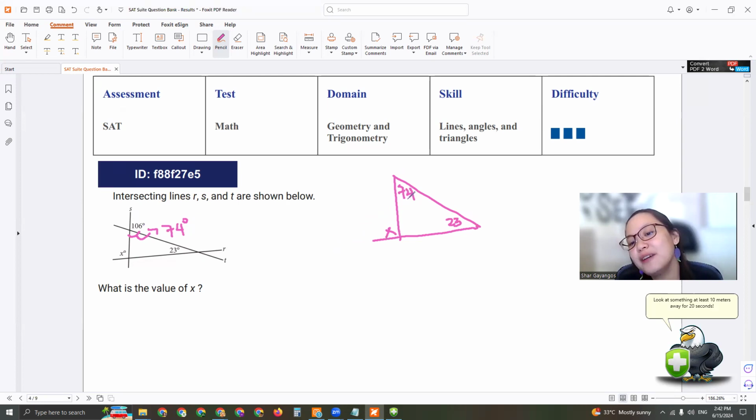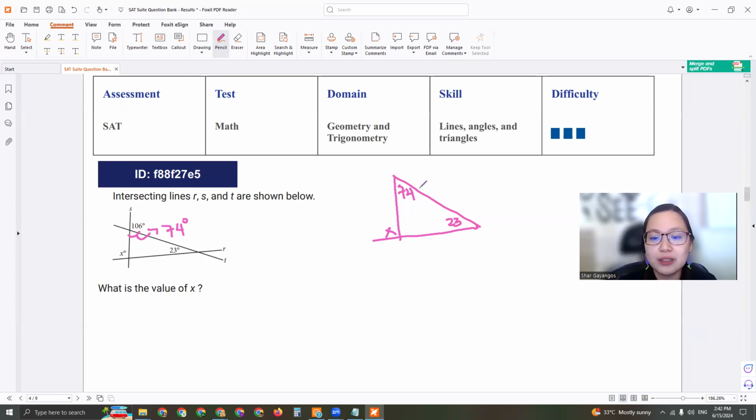So we have two adjacent angles. This tells us that the exterior angle relative to the non-adjacent angle would equal to the sum of these two angles, right? That's what we've learned before. So meaning x is simply 74 plus 23, which is equal to 97.